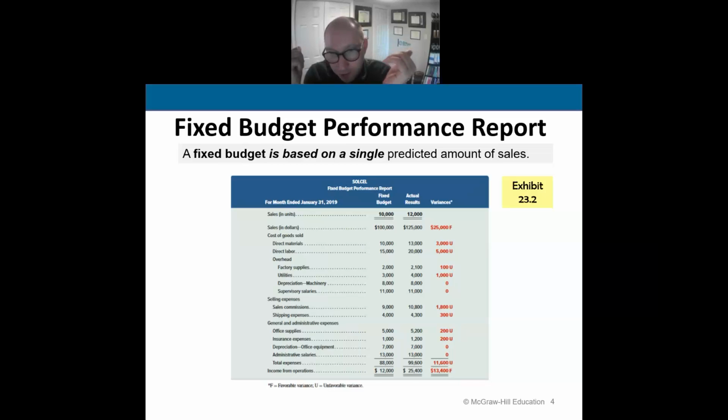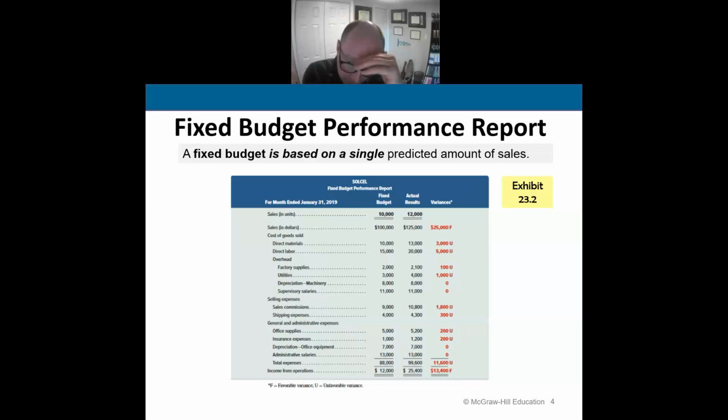Here's why that sucks. If you sell more or you got more that comes in than you planned for, that also means you're going to have increased expenses, increased cost of goods sold. So if I sell more, I also have more cost of goods sold.